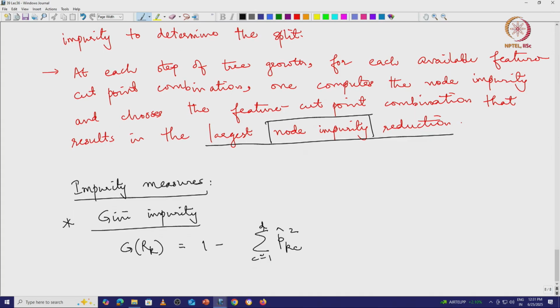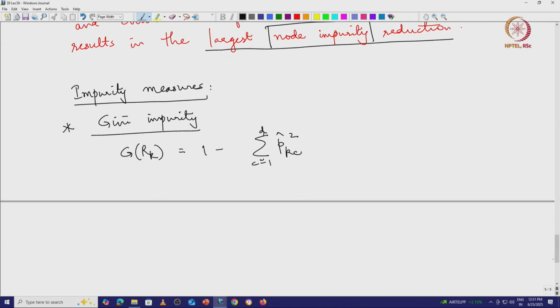So this is how the Gini impurity is defined, and then the other impurity that is used is simply the entropy of the region. So the entropy of the region is defined as H of Rk, that is the symbol used for Shannon entropy, that is minus the sum over c going from 1 to D, so the sum over all the classes, of p hat kc times log of p hat kc.